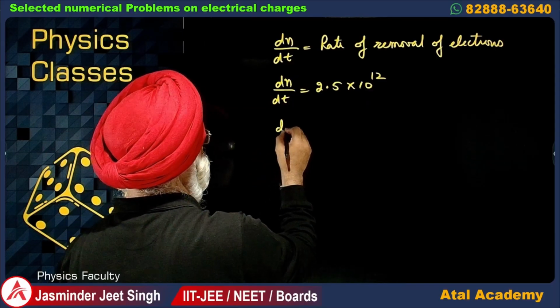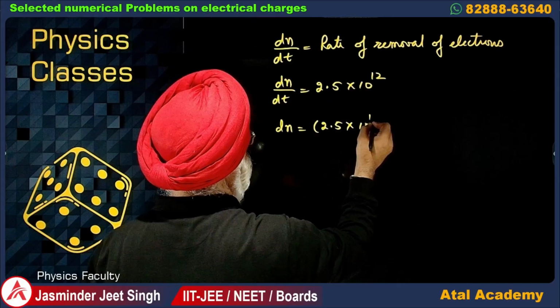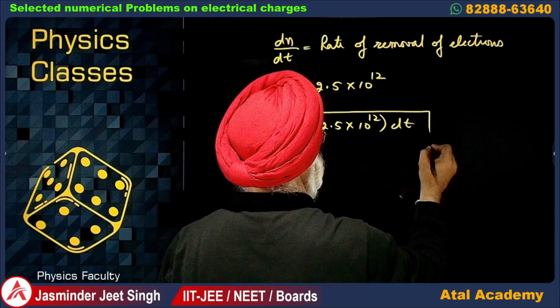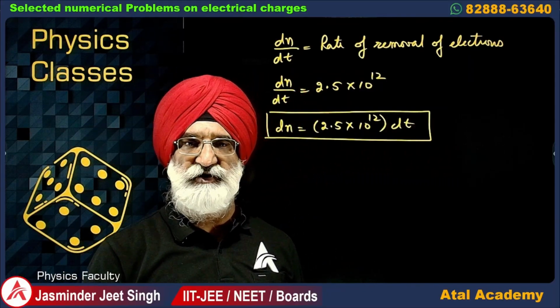By cross multiplication, dN will become 2.5 into 10 to the power of 12 into dt.